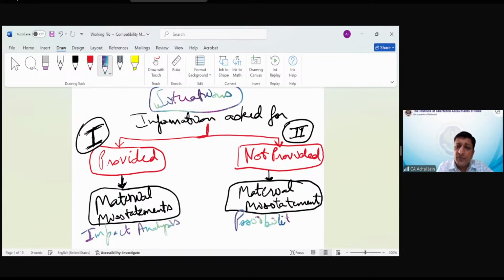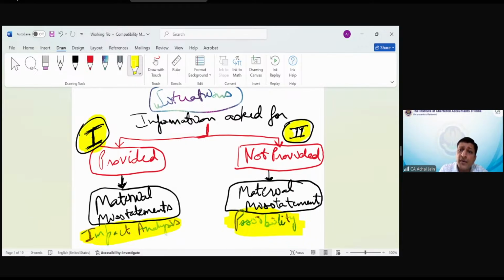Because till the time the information is not available to him, till the time he doesn't get into the assessment, till the time he doesn't get into the data, how can he confirm, how can he say with surety that yes, this material misstatement will actually be existing? So he'll always be talking about the possible scenario.